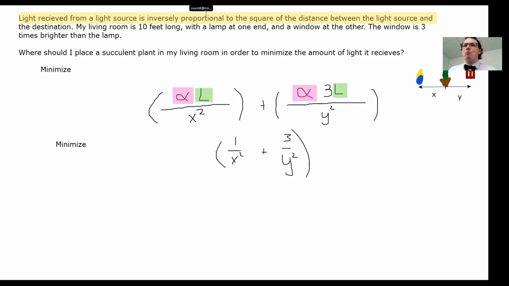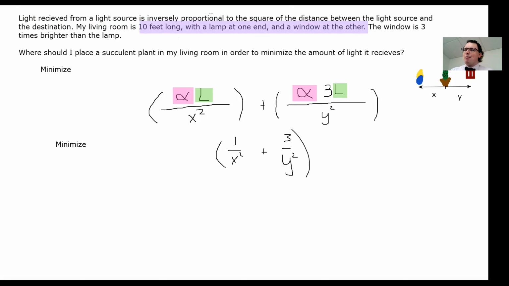But I can actually relate these two things to each other based off the problem. So this problem says that my living room is 10 feet long with the lamp at one end and the window at the other. So x and y actually depend on each other.